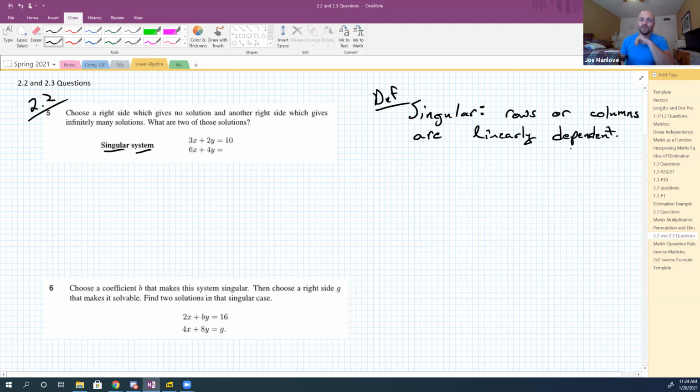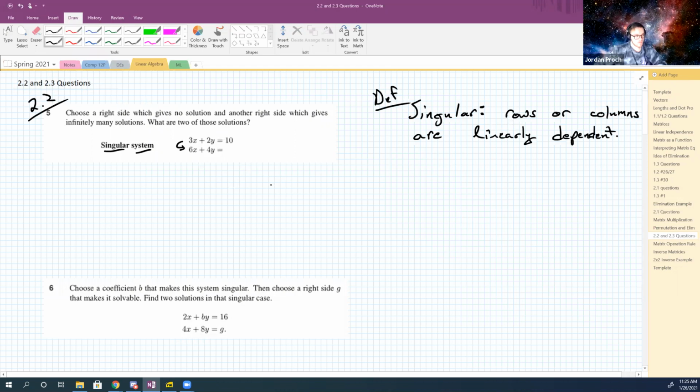Now, this is a little overkill because if the rows are linearly dependent, then so are the columns. If the columns are linearly dependent, then so are the rows. So I really have made a little bit of overkill here in saying that the rows or the columns are linearly dependent, because one implies the other. But whatever. Okay, so in this case, what is the kind of obvious path to get from here to there?